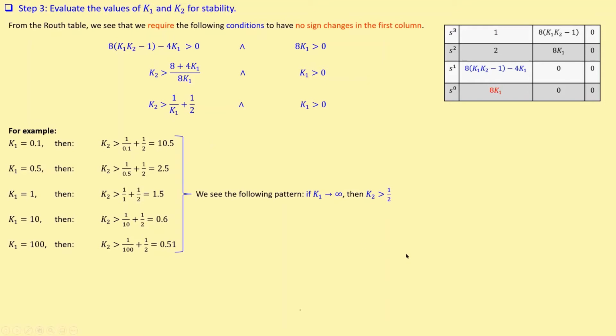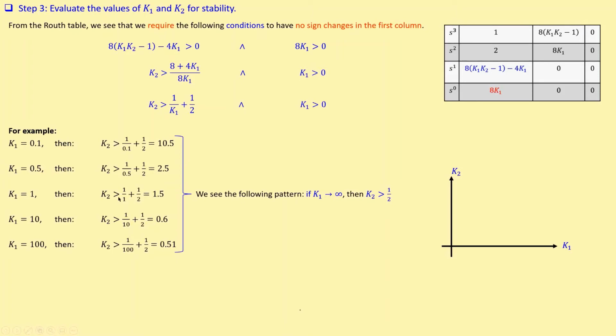So if I make a plot by placing K1 on the x-axis and K2 on the y-axis, I say K1 will be here and K2 will be there. Now, if I look at the expression of K2, which has an inverse relationship with K1: if I increase K1, this will decrease, and if I reduce K1, K2 will increase.